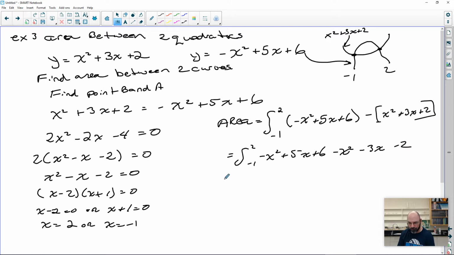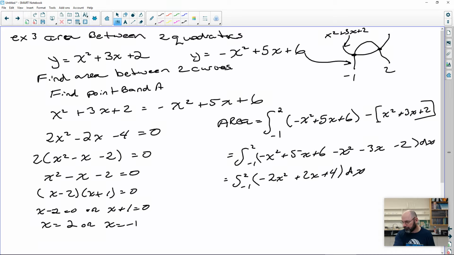When we do that whole simplification, we get negative 2x squared plus 2x plus 4. And I forgot to put dx out here, right? So this would be dx, and this would be dx. Now we do the integration there.